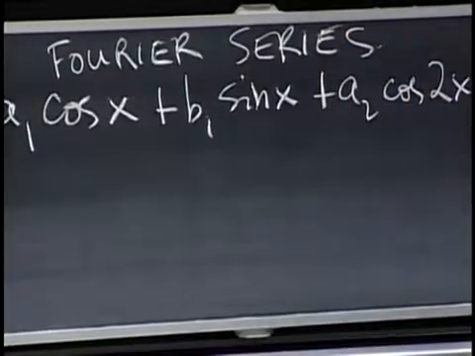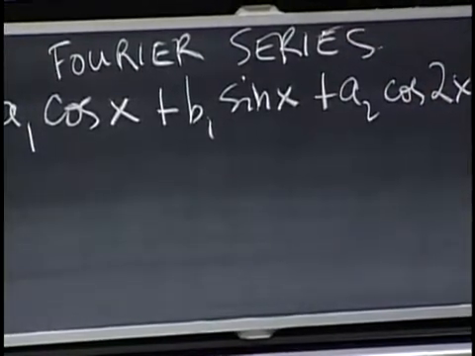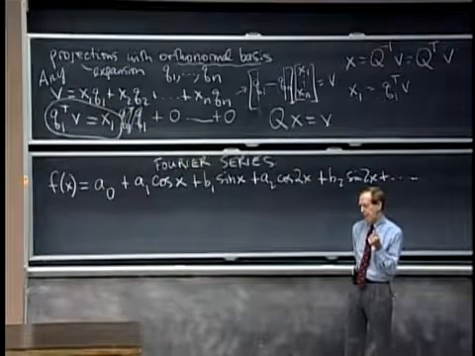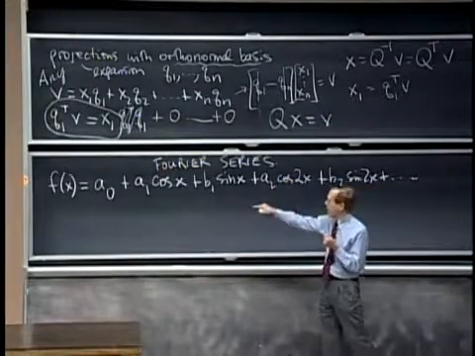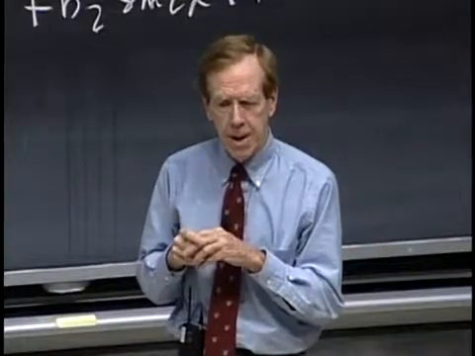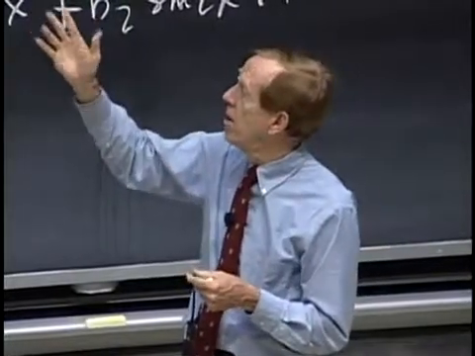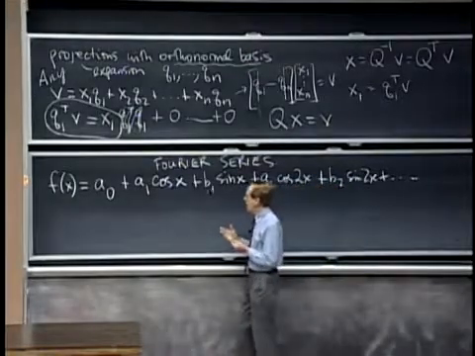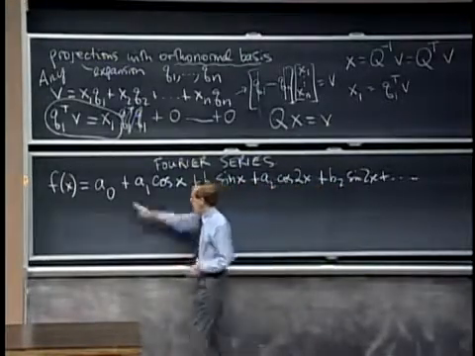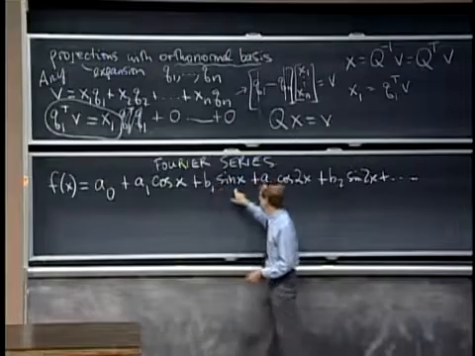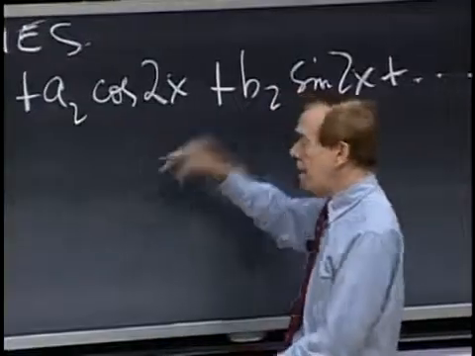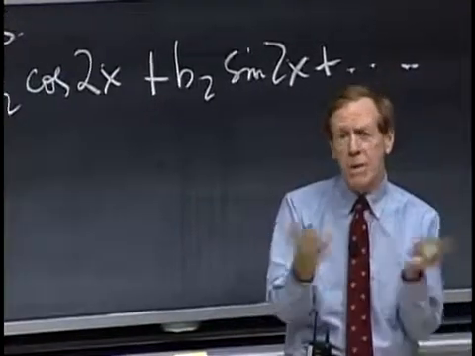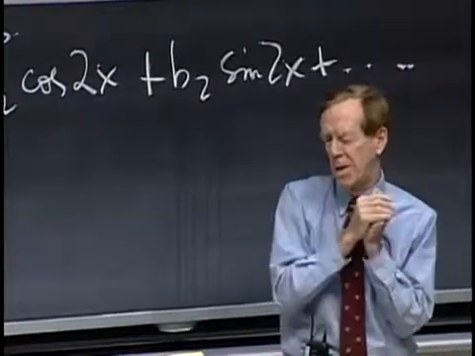So it was Joseph Fourier who realized that, hey, I could work in function space. Instead of a vector v, I could have a function f of x. Instead of orthogonal vectors q1, q2, q3, I could have orthogonal functions, the constant, the cosine x, the sine x, the cos 2x, but infinitely many of them. I need infinitely many because my space is infinite dimensional.